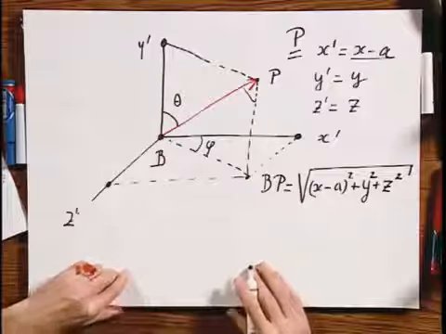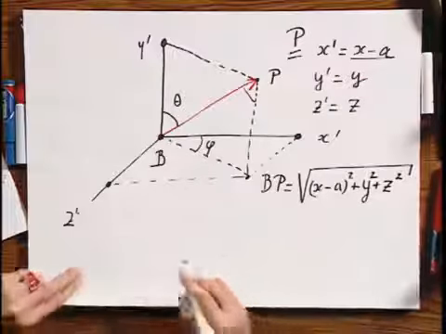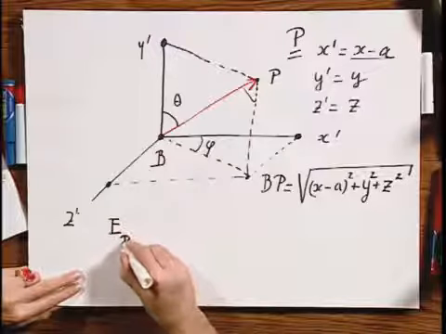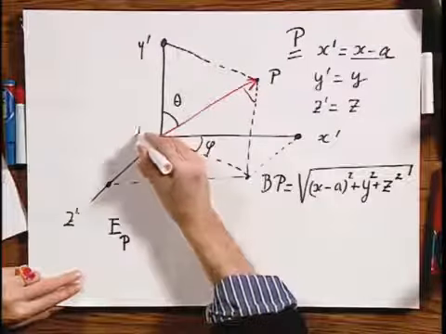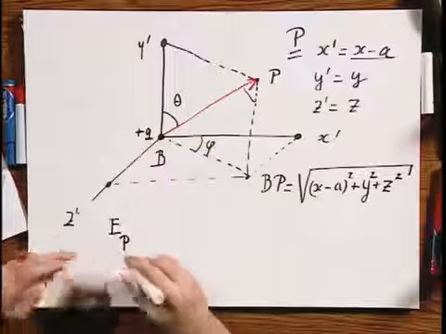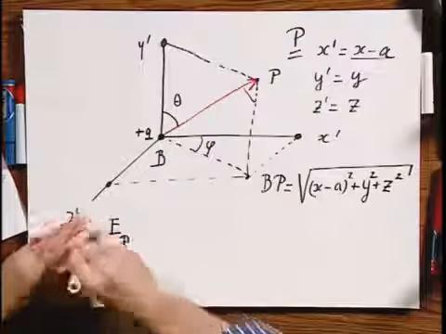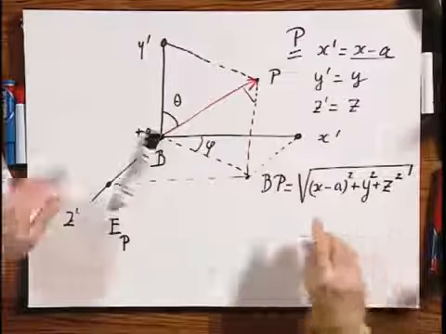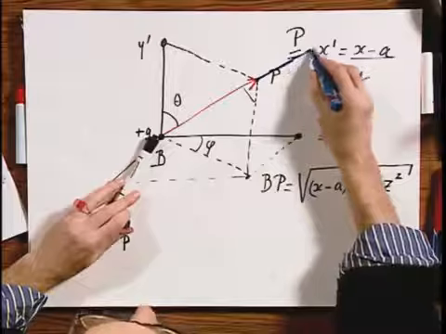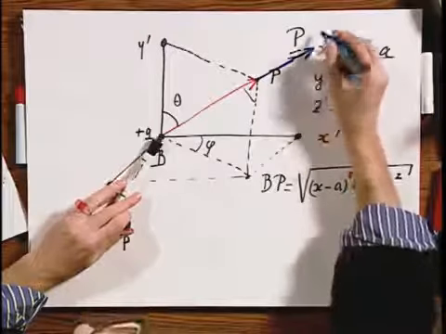What is the electric field E at location P only due to this plus Q charge at position B? We know that it is along the line BP pointing outwards in the direction BP. So I will try to put it in here.